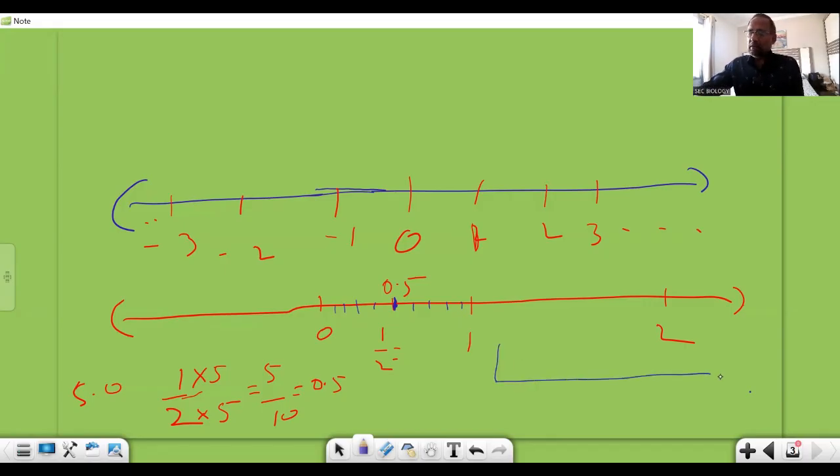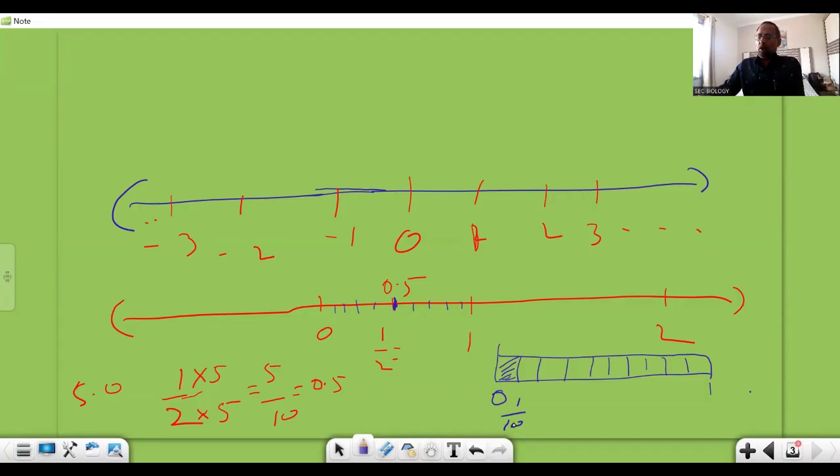Listen here. This is the cake, 0 to 1. This is one full cake. I cut it into 10 parts. Here you can see 1 by 10. Understand? 1, 2, 3, 4, 5, 6, 7, 8, 9, 10. So what are you doing? 1 by 10 I want, sir.